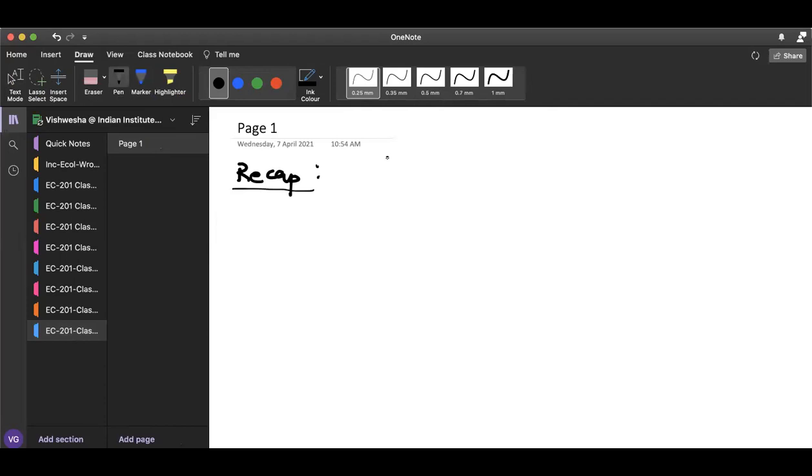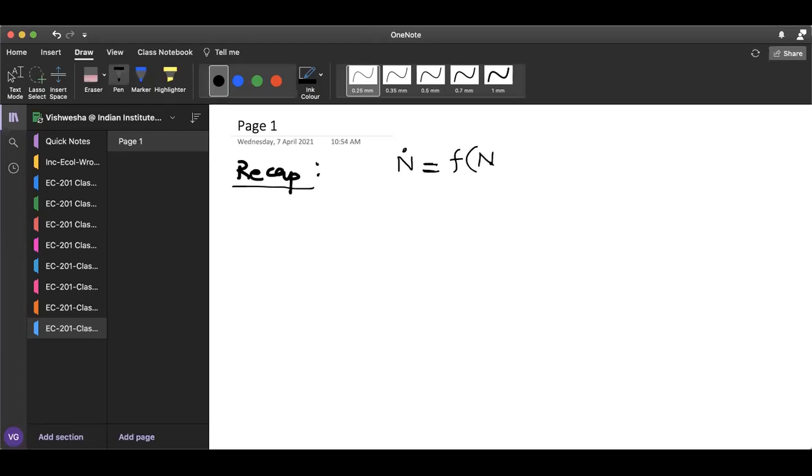So sticking to continuous time population models, we can write a model like this. The rate of change of population size is some function of population size. So this is basically the entire population growth rate.